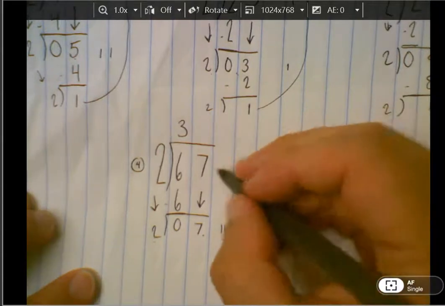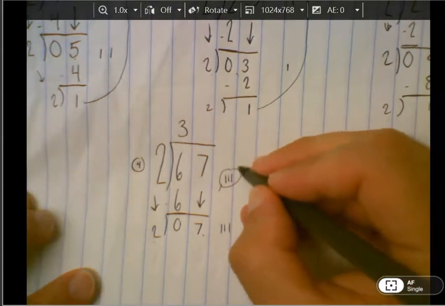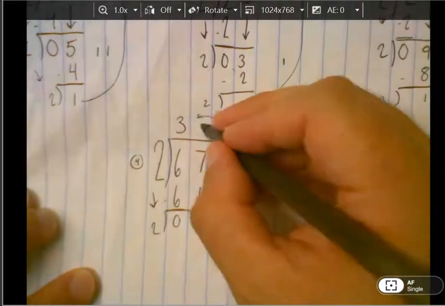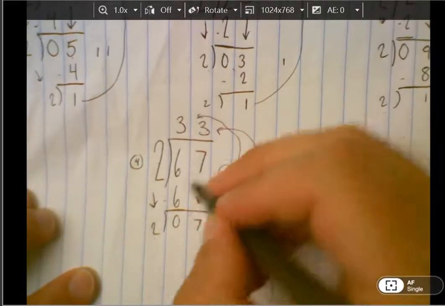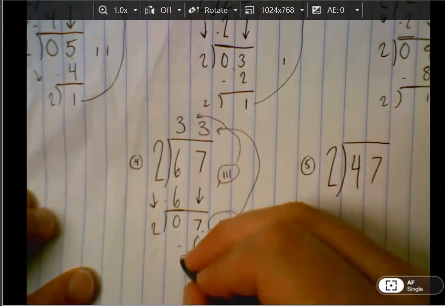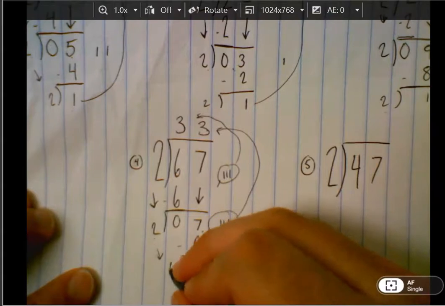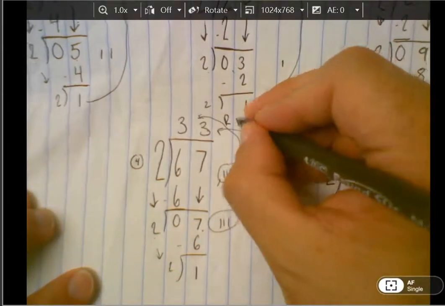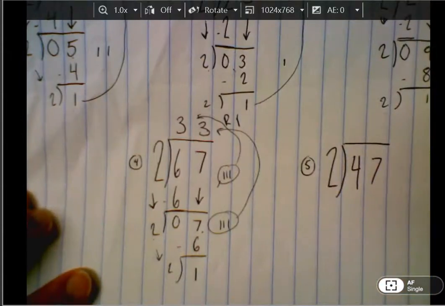Here's 3. Where did I get this 3 from? This part of the quotient. Where am I getting this 3 from? This part of the quotient. And then I multiply this 3 times this 2 to get 6, which leads to subtraction. And then I bring down, and I realize that the answer is 33 with a remainder of 1.